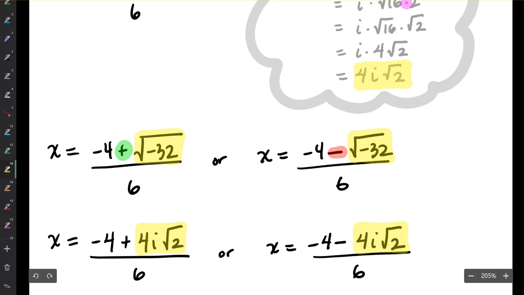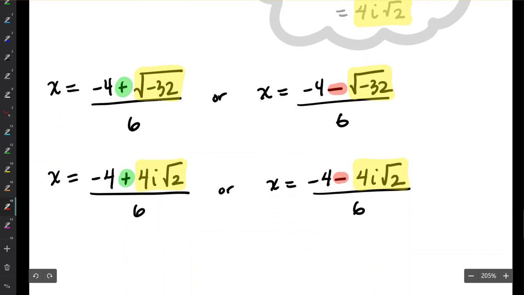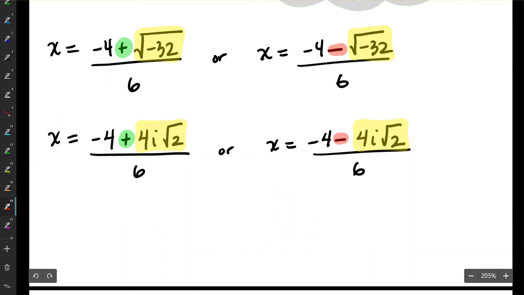Okay, and we really want to be done, but remember, fractions are in their simplest form if there's no secret times ones in the numerator and the denominator, right? If there's no common factors. And notice here that 4, -4, 4, and 6 all have a factor of 2 in them.